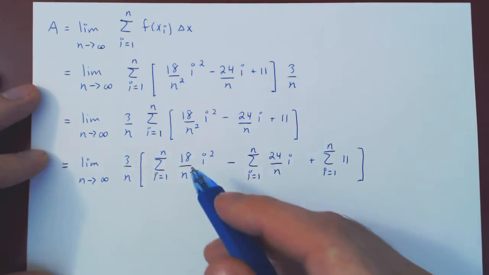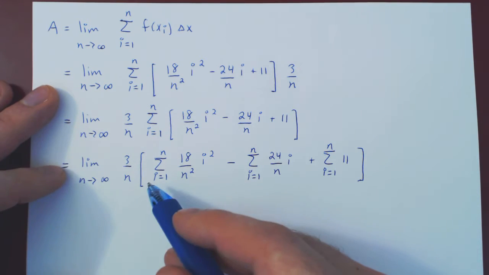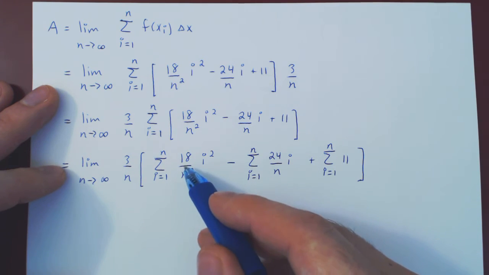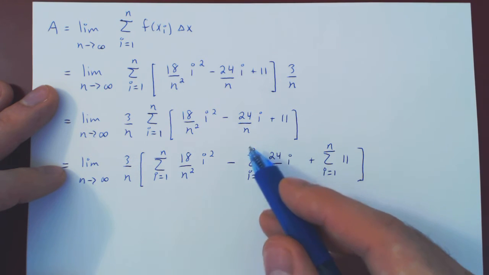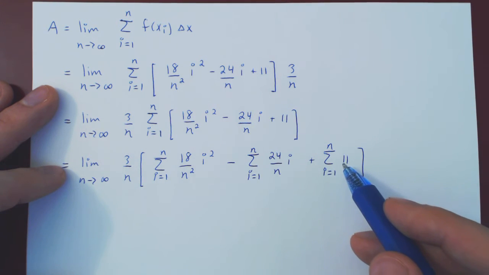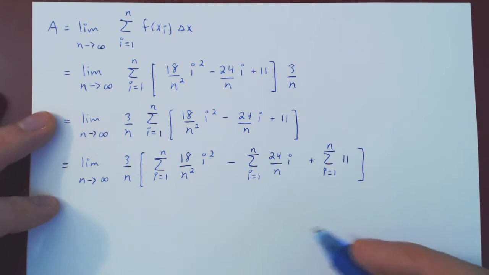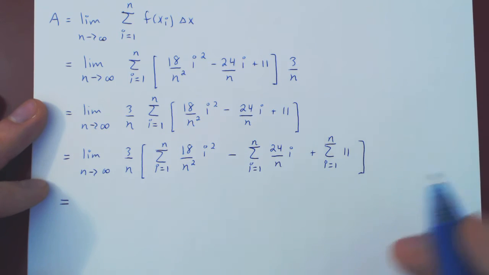Alright, now what? Well, we can go back for each sum and use property 1. As we're summing with respect to i, 18 over n squared is a constant, we can pull it out of the sum. 24 over n is a constant, we can pull it out of the sum. 11 is 11 times 1, we can pull 11 out and be left with a 1. And let's see if you can spot what's interesting about this stage now.